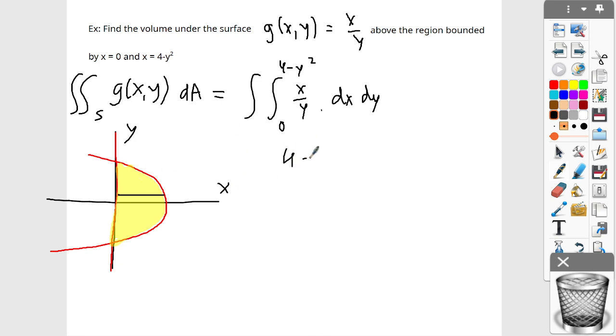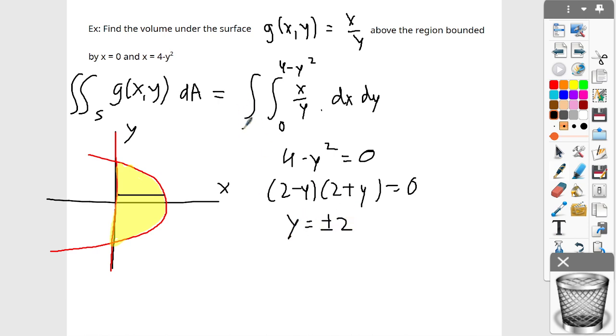So, 4 minus y squared is equal to 0, which means 2 minus y times 2 plus y is equal to 0, which means y is plus or minus 2. So those are our bounds. We have to integrate from negative 2 to 2 to get all of that yellow goodness, all of the special y values.